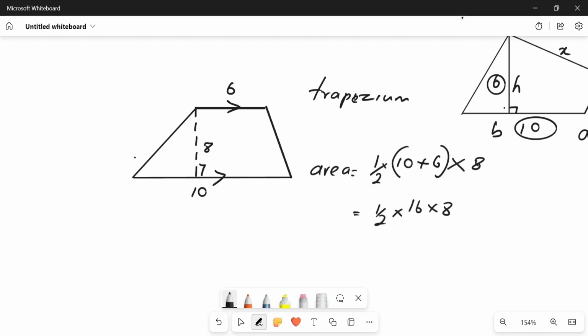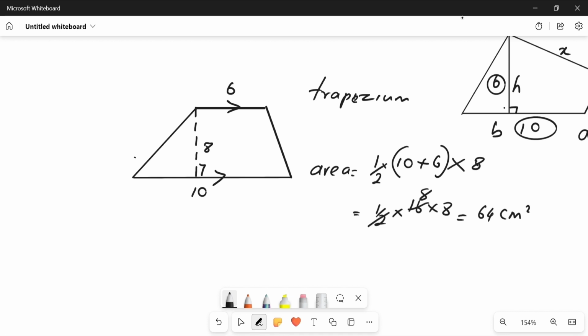Finish the bracket work first. 16 into 8, cancel 16 by 2, 64 centimeters. So now you have studied how to find the area of a trapezium.